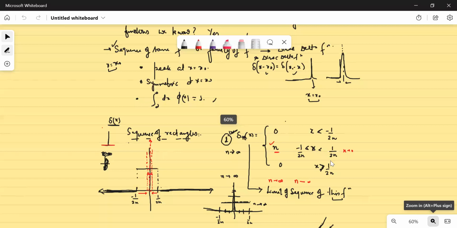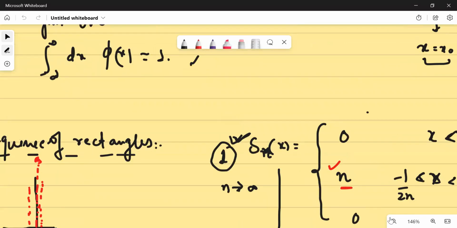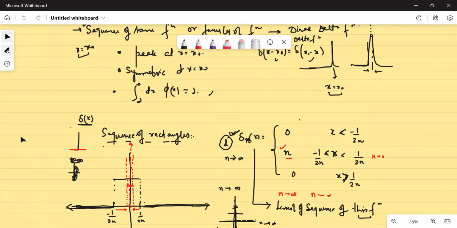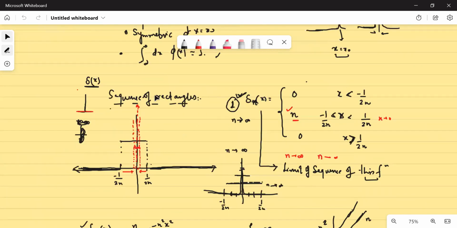So overall, this sequence of rectangles as n tends to infinity would behave as if it is a Dirac delta function.